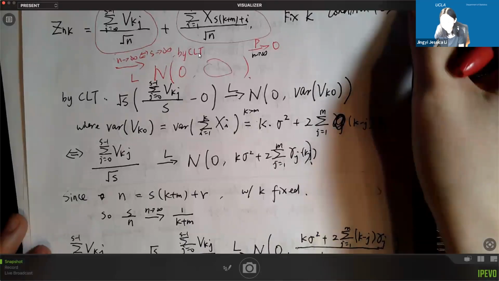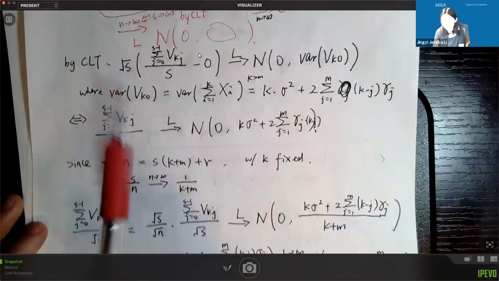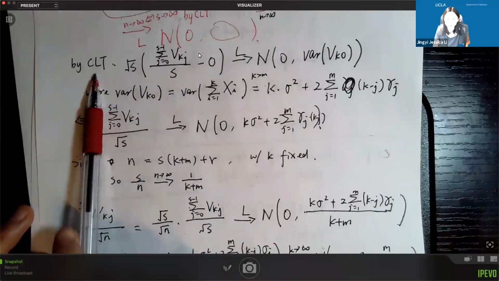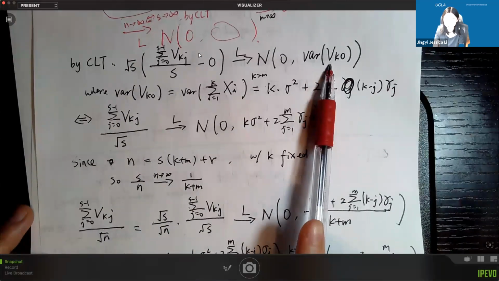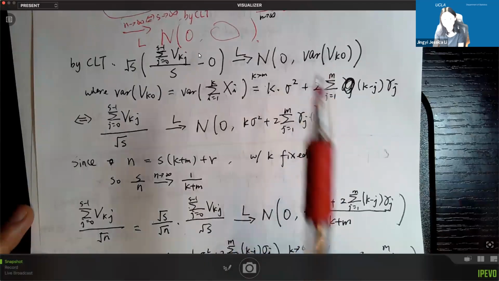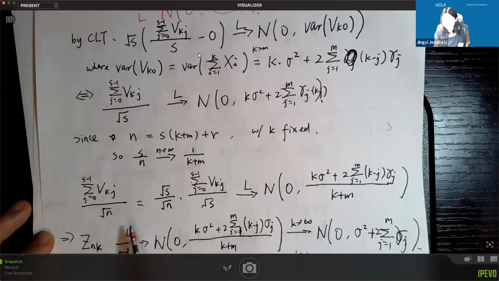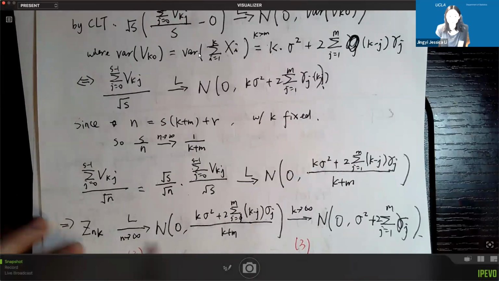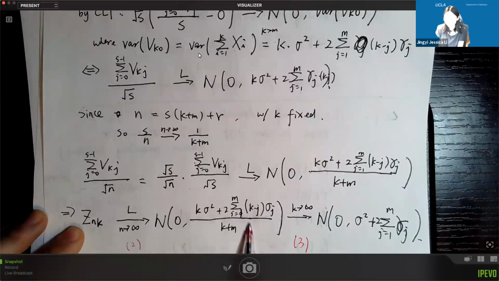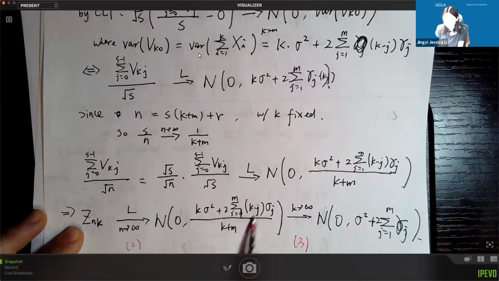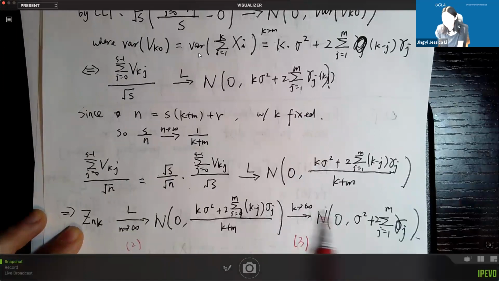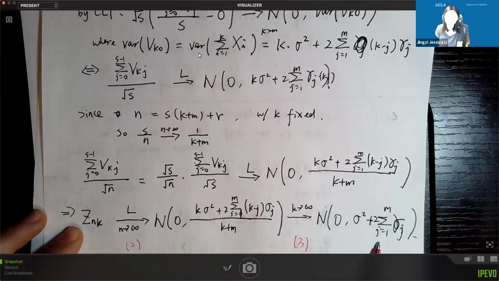The trick in the proof is that when we apply the central limit theorem, we fix k as a large constant. And ultimately, once n goes to infinity, we let k go to infinity finally, and we have the result.